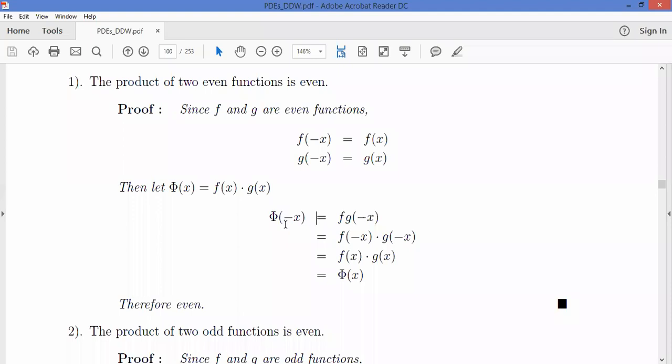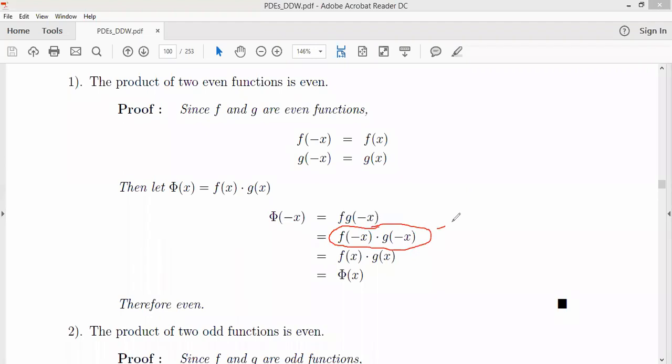Remember, it's minus x here. Expanding that out gives me this, but remember, if you take this and this out, they are even functions. The only thing missing in this step is that if it is an even function, f of negative x is f of x, which is that one. And we can do the same for odd.